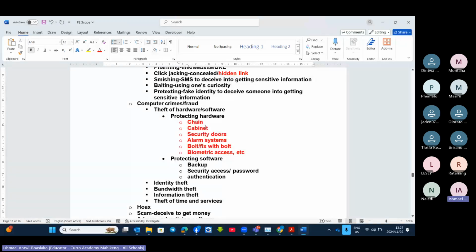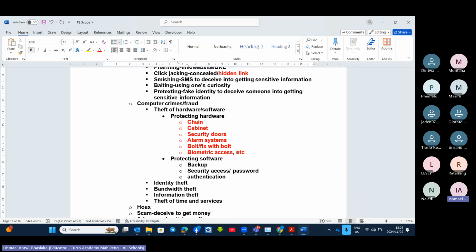You can chain them or put them in cabinet, install security doors, put alarm systems, or you can fix the computers with bolts, as you can see in some of the computer labs. And then you can also ensure that there's a biometric access to places like the server room. The server room, you must have biometric access so that it will open the doors for you.